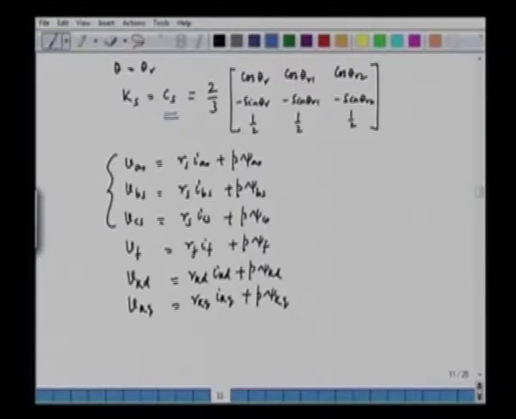It is equal to [cos theta r, cos theta r1, cos theta r2; minus sin theta r, minus sin theta r1, minus sin theta r2; half, half, half], where theta r1 is equal to theta r minus 2 pi by 3 and theta r2 is equal to theta r plus 2 pi by 3. If we transform using this transformation, we get the variables in the rotor reference frame, that is D, Q and the zero sequence component.